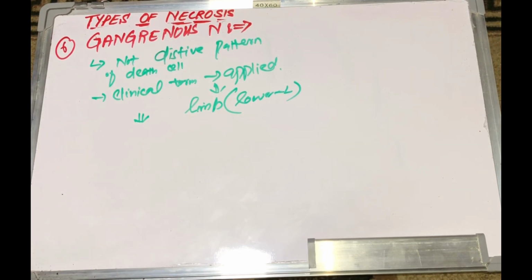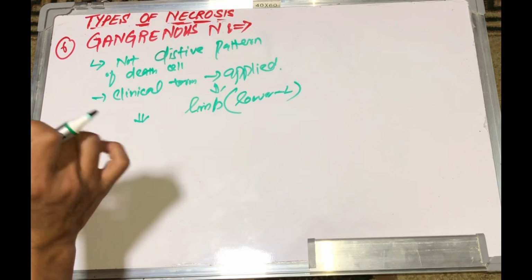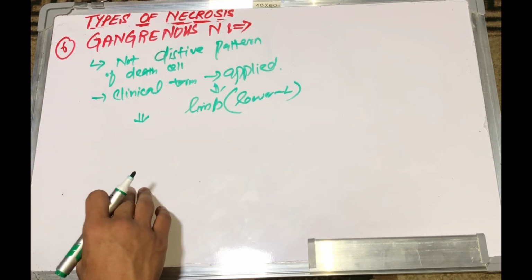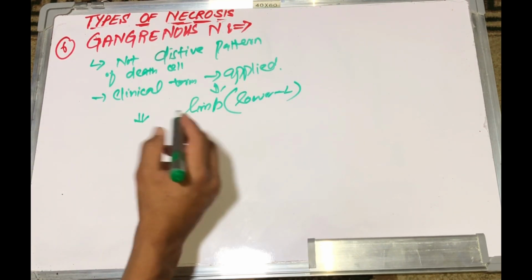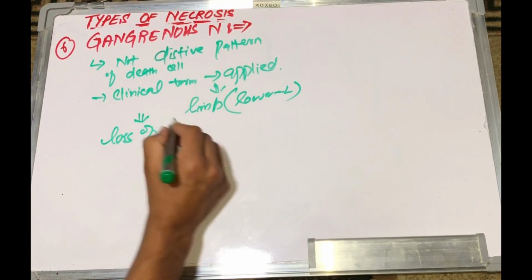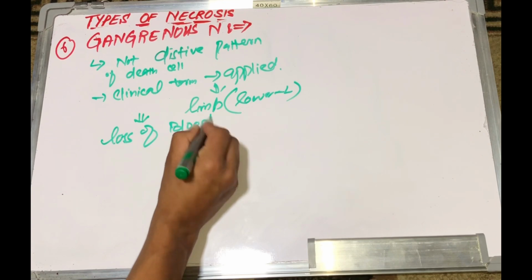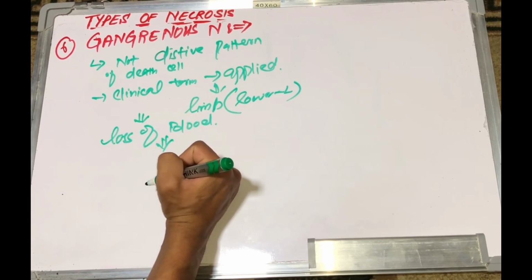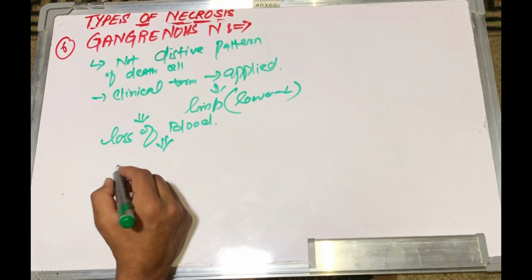What happens here? There is loss of blood supply to the limb, and as a result a coagulative necrosis occurs inside the limb.